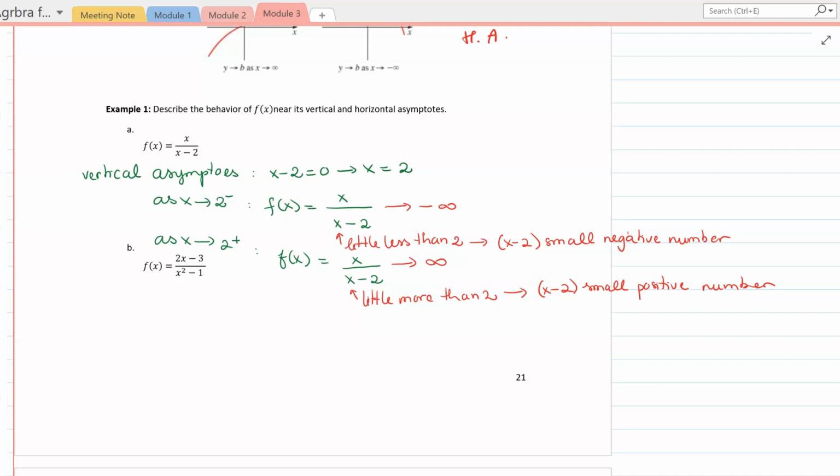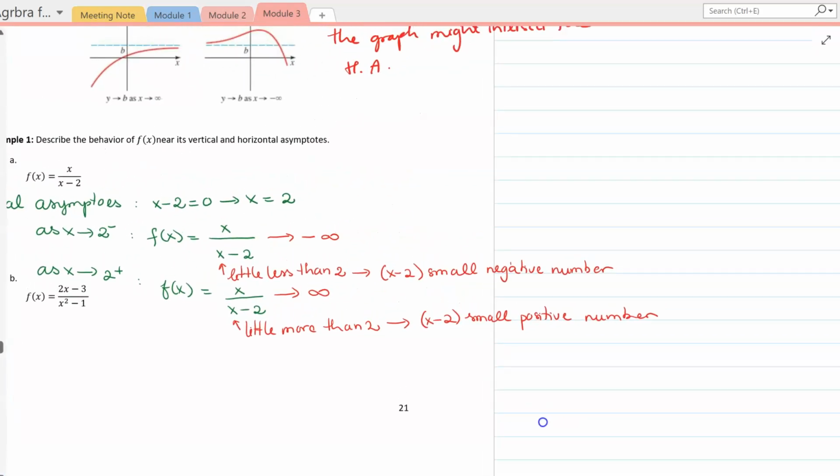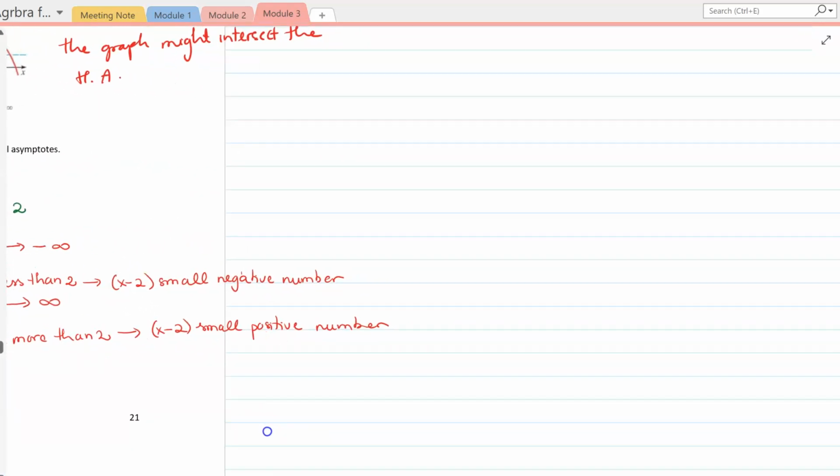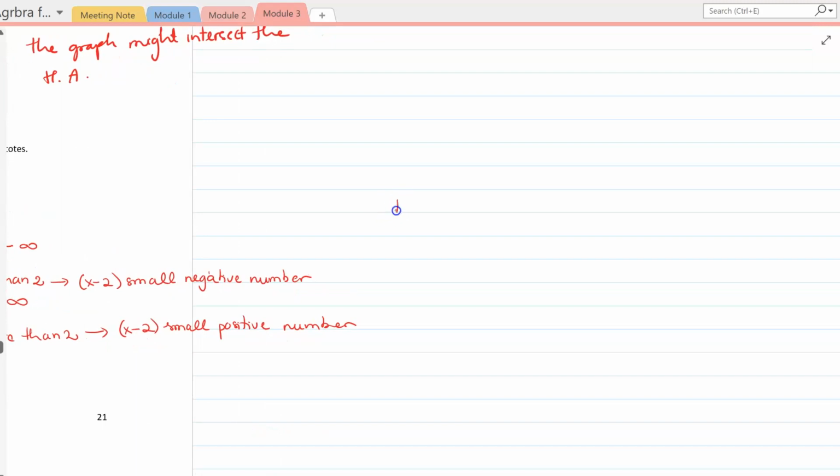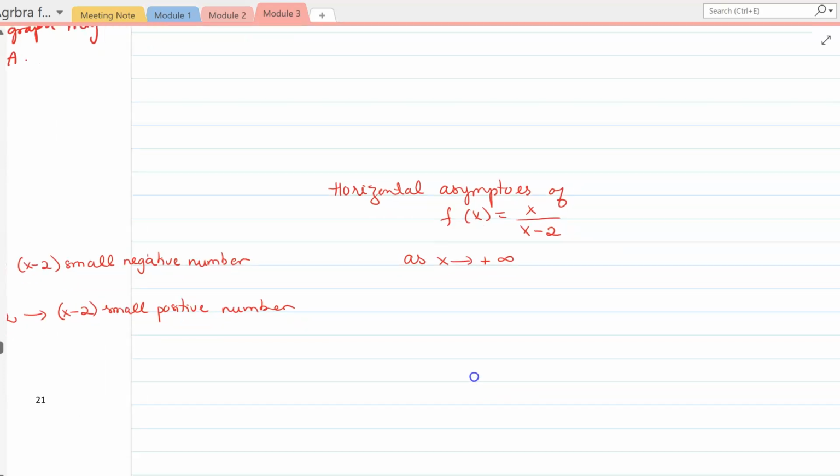So what about the horizontal asymptote? Let's talk about the horizontal asymptote of f of x equal to x divided by x minus 2. Let's take a look at as x approaches positive infinity.